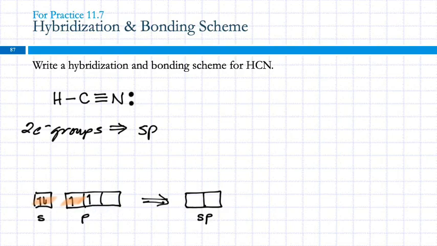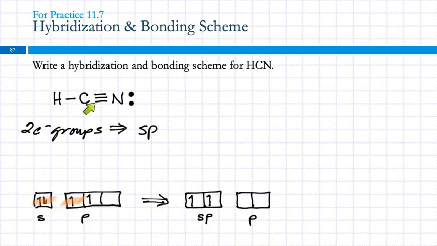And then I've got these other 2 that are left over, and those are P orbitals. They didn't hybridize. And then the carbon has 4 valence electrons, and so I put them in there and I go 1, 2, and then I'm like, well, what do I do now? Do I pair them up, or do I put them in the p orbitals by themselves?